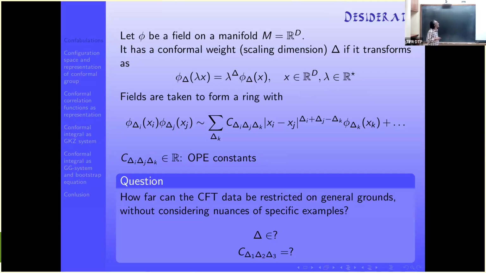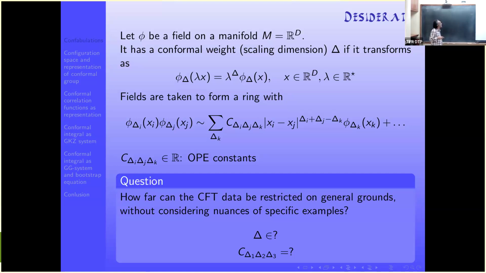Lambda being a non-zero real number, and fields are taken to have a multiplication rule like this. So two fields with two different weights at two different points are taken to satisfy a multiplication rule like this, expanded in some kind of a basis of themselves, where these are real constants, C with three indices, three conformal weights.